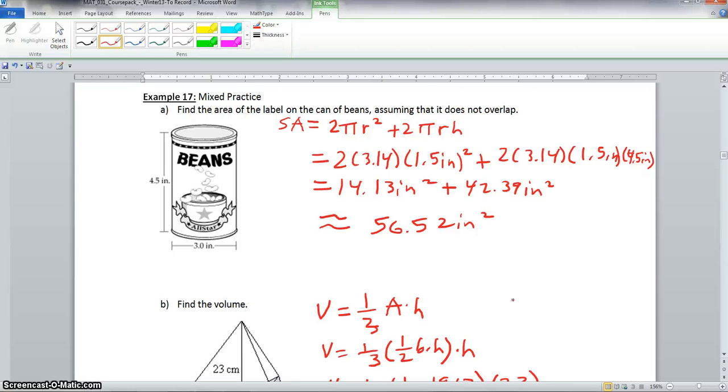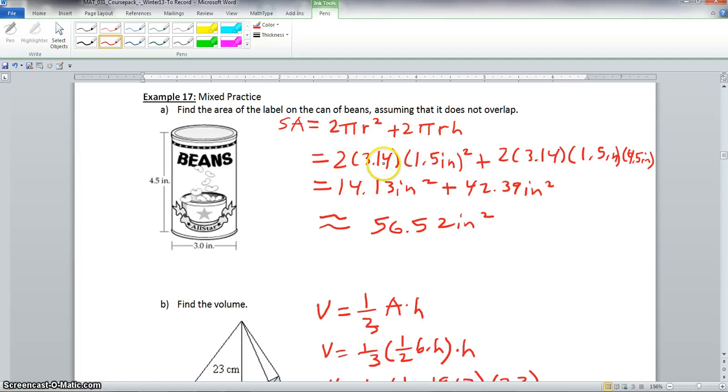We have example 17a. It says find the area of the label on the can of beans, assuming that it does not overlap. So we have the surface area. The surface area is equal to 2 pi r squared plus 2 pi rh, because we have the surface area of the two circles, and we also have the surface area of the rest of the cylinder.